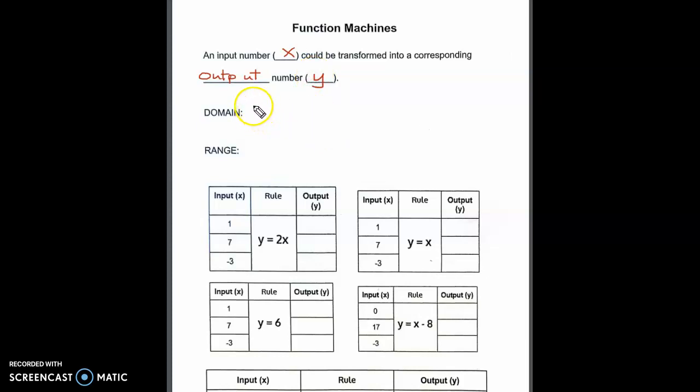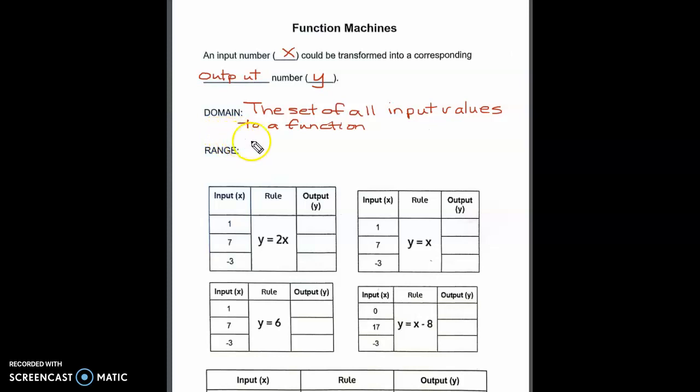Then we went over the domain and range, and in the video, the domain was defined as the set of all input values to a function.